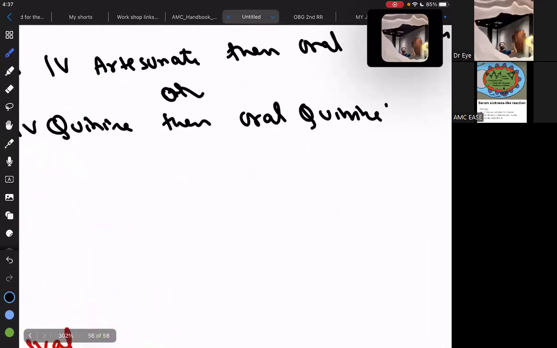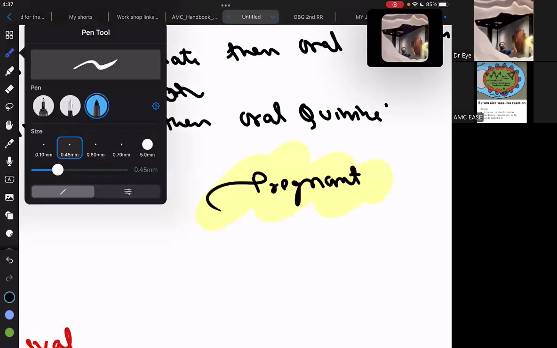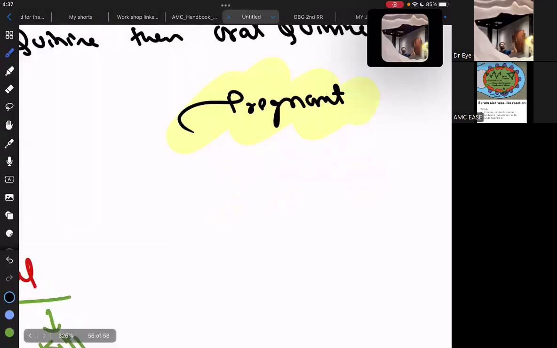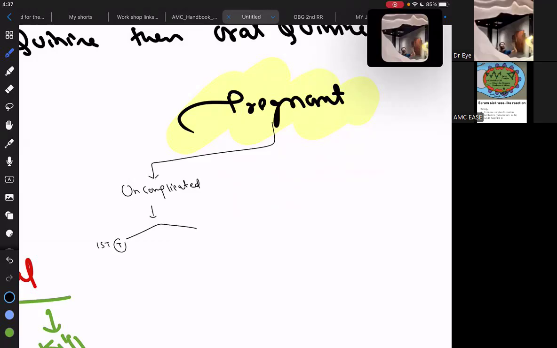Now, if the patient is pregnant, what do we need to do? First, if the patient has uncomplicated malaria and is pregnant, you have to divide whether the patient is in the first trimester or in the second and third trimester.